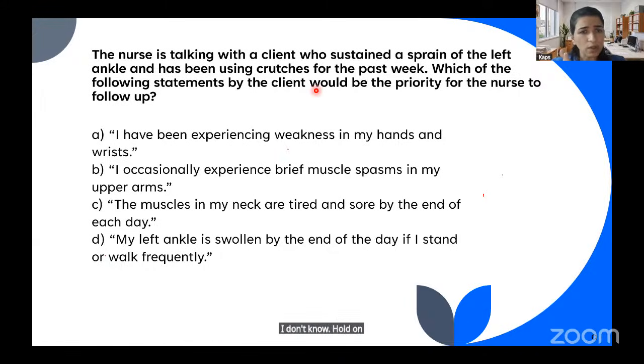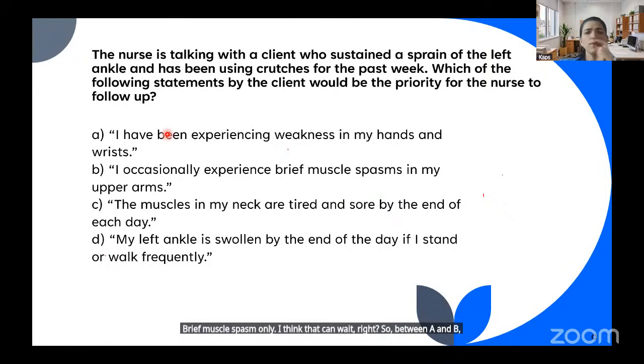That requires follow up by the nurse. And then when you compare A and B, B says occasionally experience brief muscle spasm only, not all the time. I think that can wait, right? So between A and B, A is something more for me. I have to look into it right away.